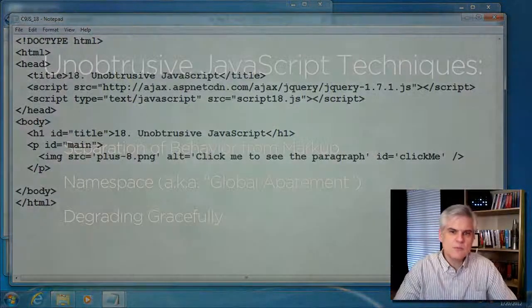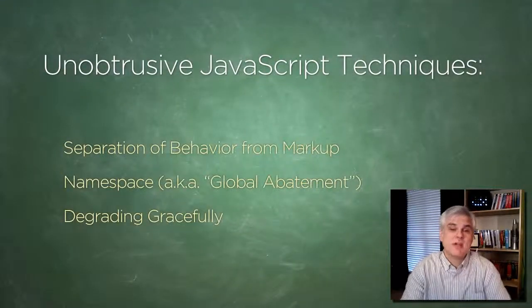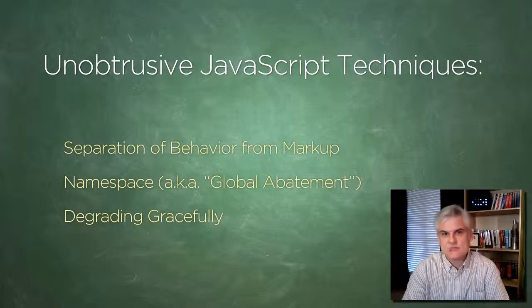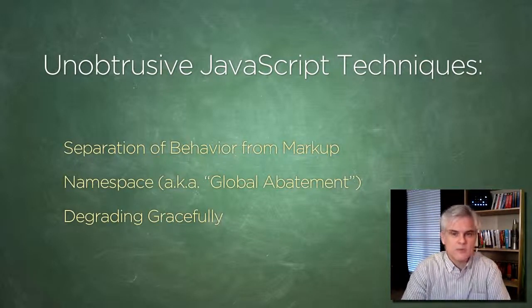All right, the second one requires a little bit more explanation, the concept of namespaces or global abatement. By default, whenever you're writing JavaScript functions and declaring variables, you're doing so in the global namespace or at a global level, or we called it the global scope before.